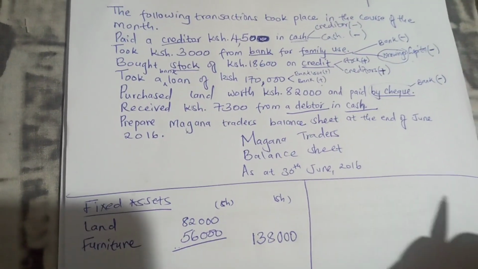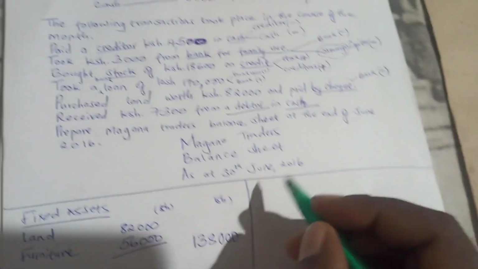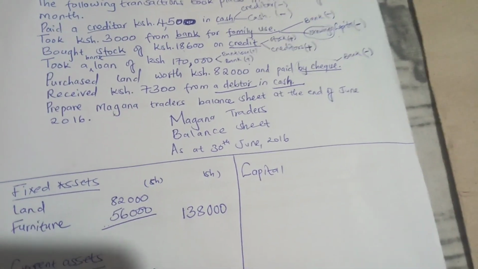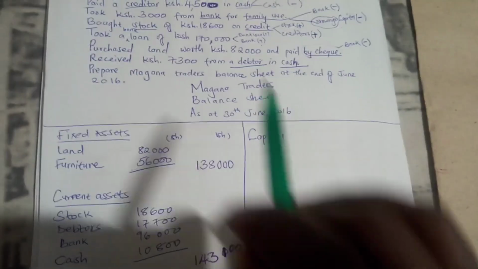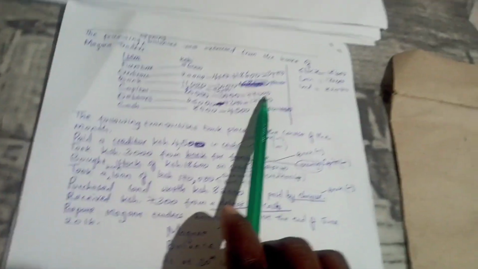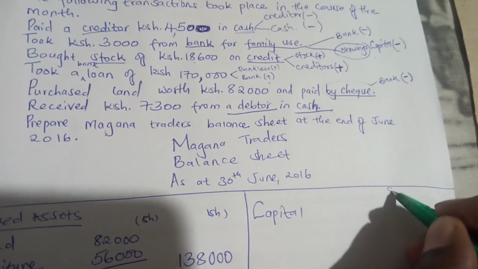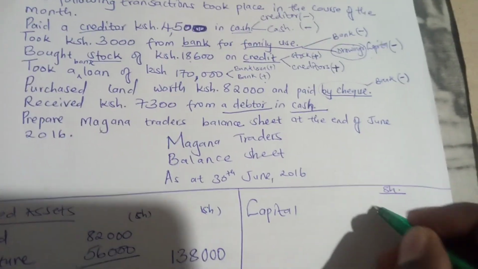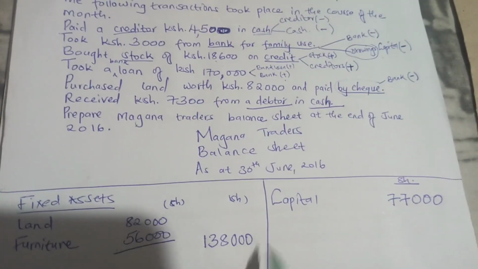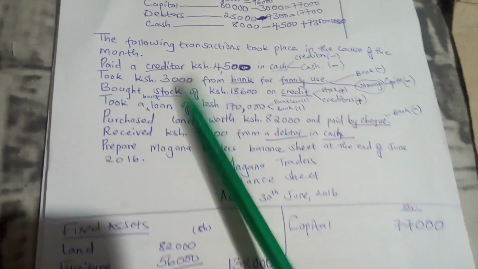Then we move on to our right hand side, where we are going to have a record of capital and liabilities. So our capital is 77,000.